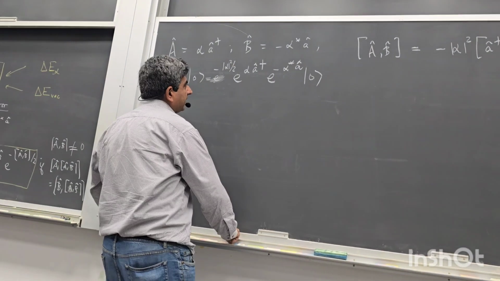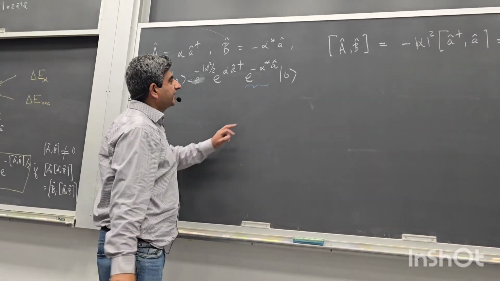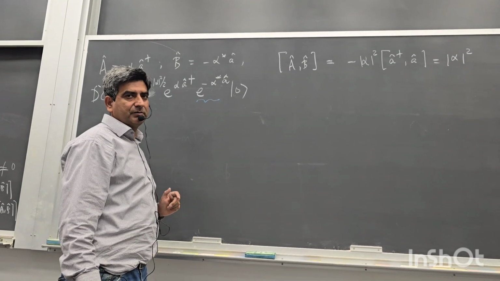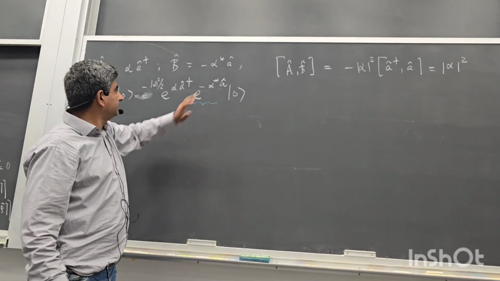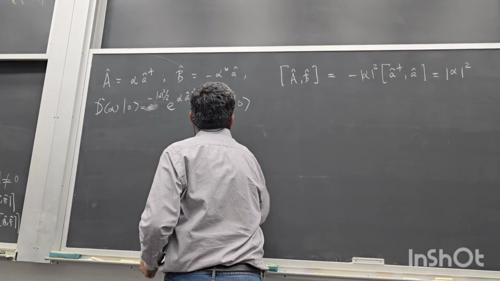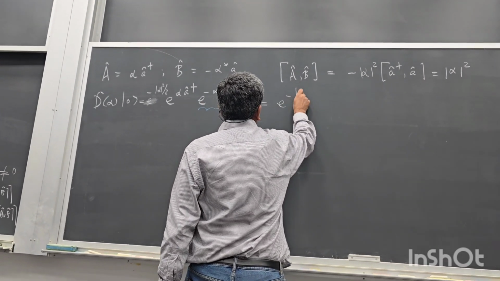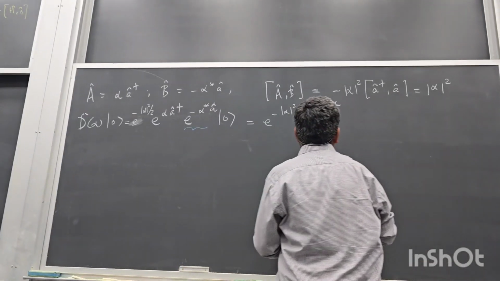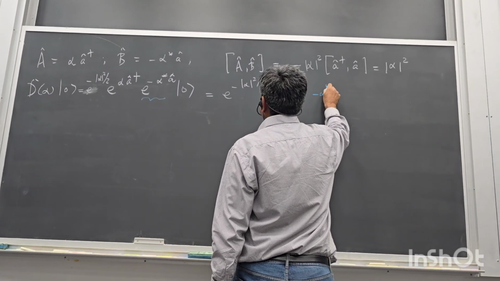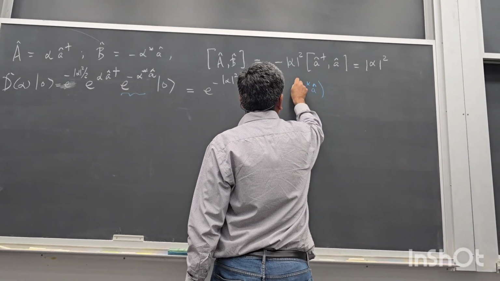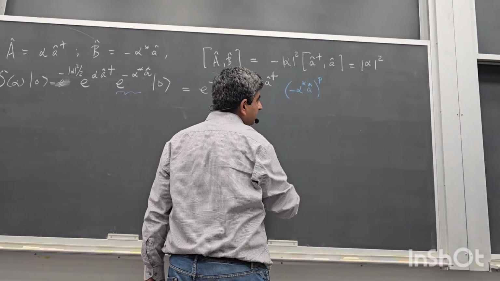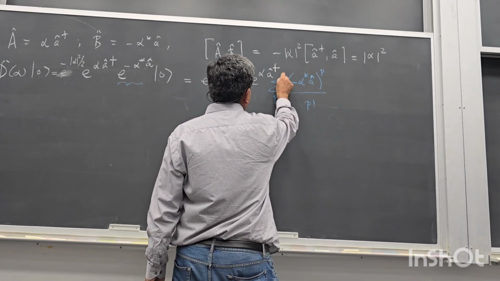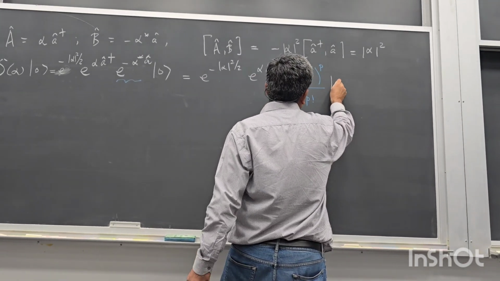Now, let me expand this exponent, since I do know that the lowering operator acting on 0 once is going to give me 0. So this looks like this: e^(minus alpha mod square over 2) e^(alpha A dagger). This really is the sum of minus alpha star A raised to power p over p factorial, sum over all p's from 0 to infinity, and this acts on ket 0.